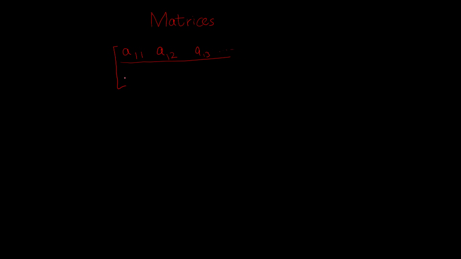If we move downward, it would be a21, second row, first column, similarly a22, and so on. We can go up to a_mn, where m is the last row and n is the last column. So a2n and similarly amn. We also represent matrices with capital letters, such as capital A.